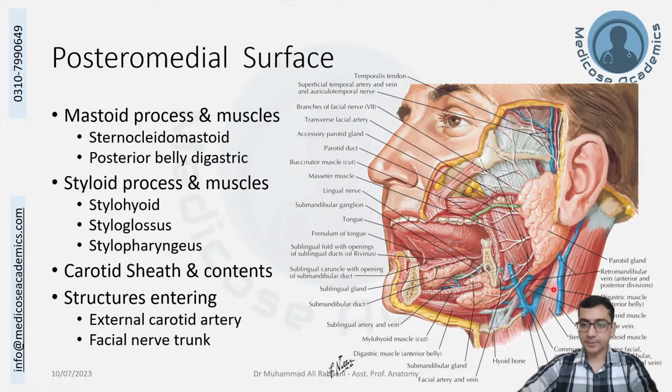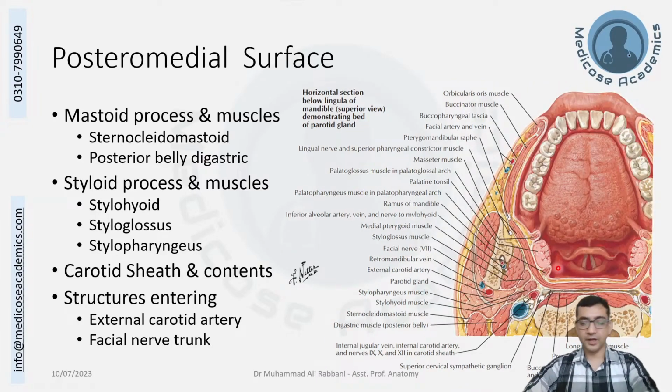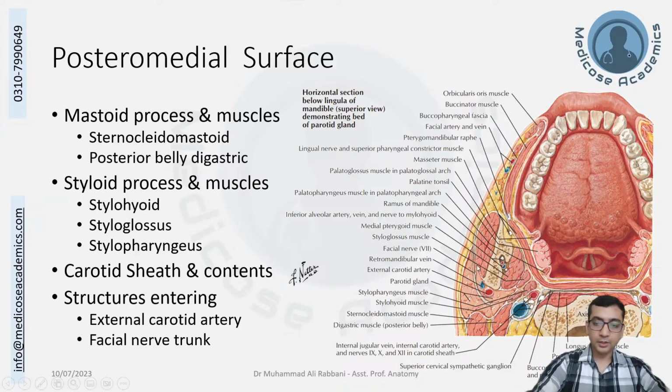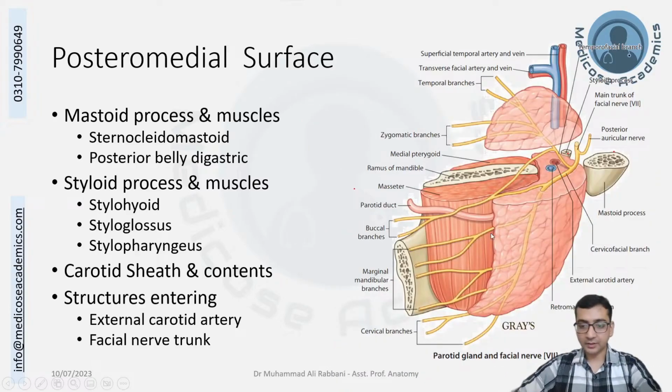So here some of the things can be seen, especially the relation with the digastric and the sternocleidomastoid, and to see the relationship for the deeper structures, the styloid and the other structures, we have to go to the cross section at the level of C2, the axis vertebra, and here you can see the things.